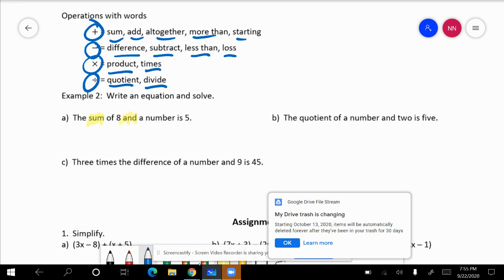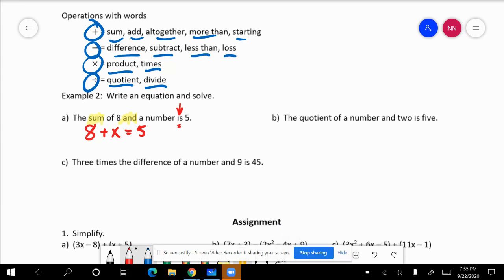So we're going to be adding an 8 and a number. The number is going to be x. And that's equal to 5 because is means equal. Then we're going to subtract the 8 on both sides. And that right there is x is equal to negative 3.